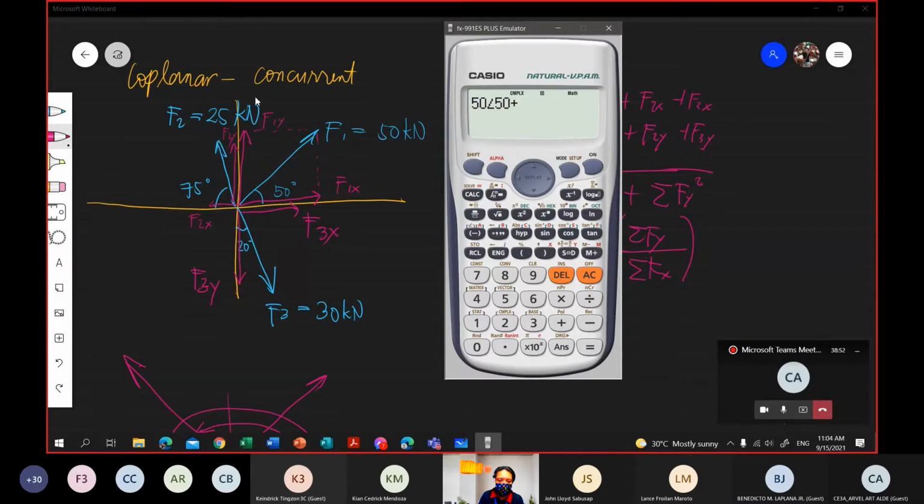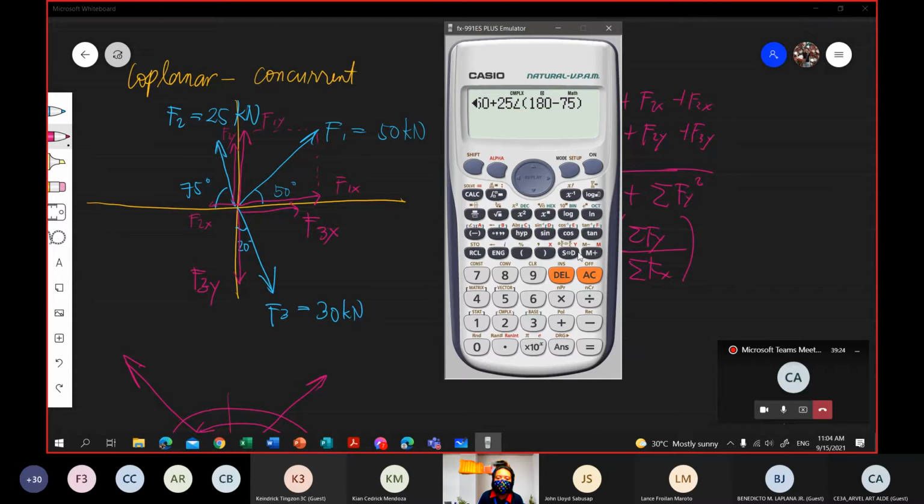Plus another force, 25, at what angle? 75 degrees from the horizontal. But since it is in quadrant 2, you input 180 minus 75. Do you have a question about why 180 minus 75? No, sir. Okay.